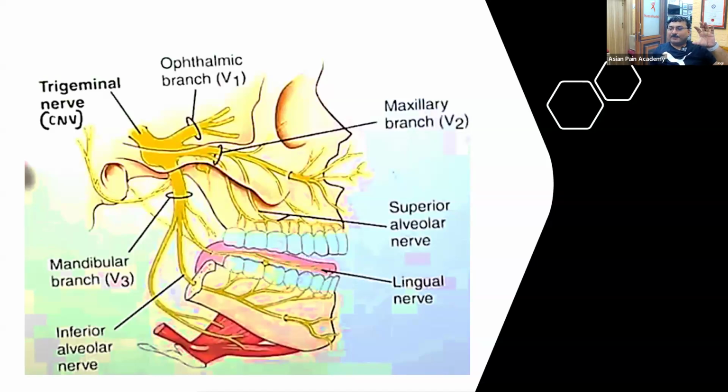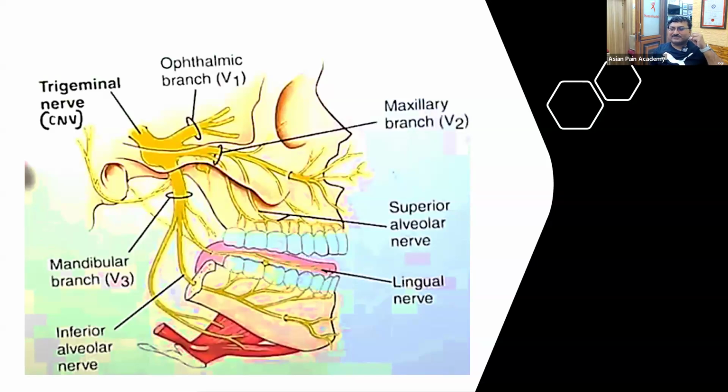After that, from the main trunk, it gives some muscular branches and one sensory branch. Then it divides into anterior and posterior divisions. From the anterior division, it mainly supplies the muscles of mastication, namely the masseter and temporalis.